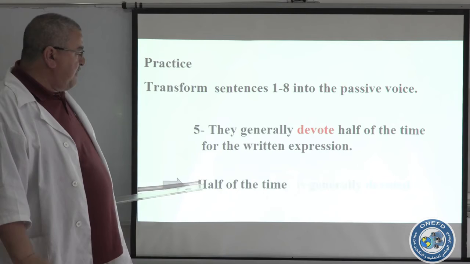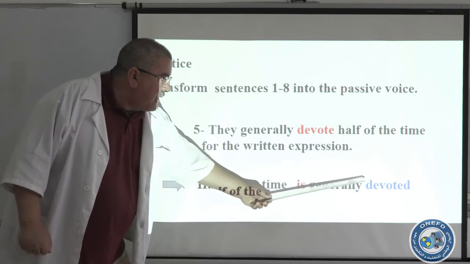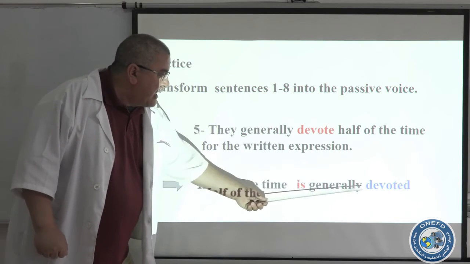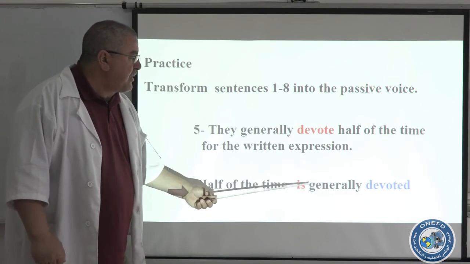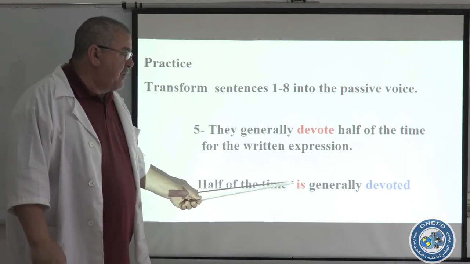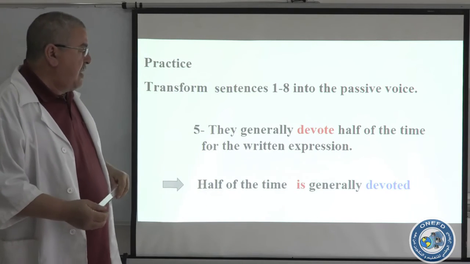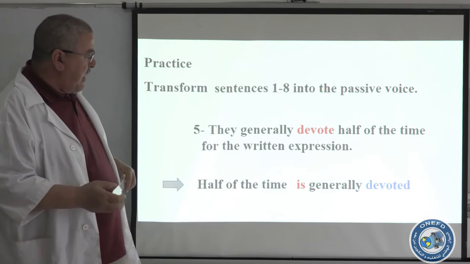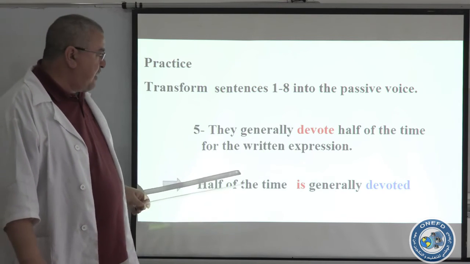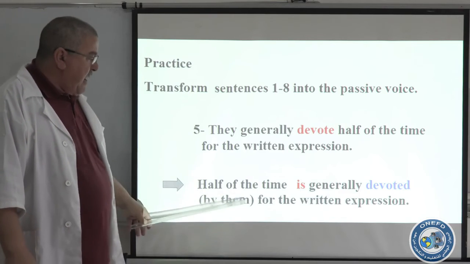Half of the time is generally devoted. You notice generally here, which is the frequency adverb, which has a position between the auxiliary and the past participle, because it's the rule in grammar. So half of the time is generally devoted for the written expression by them.